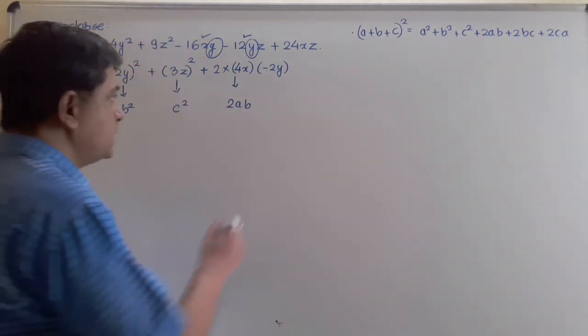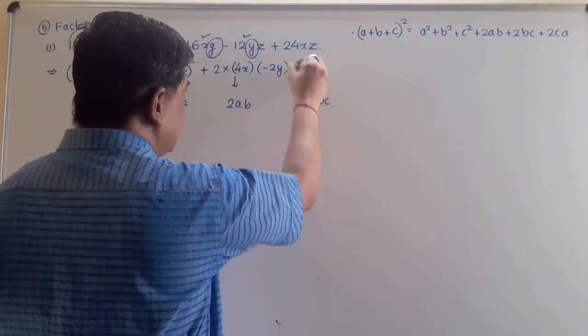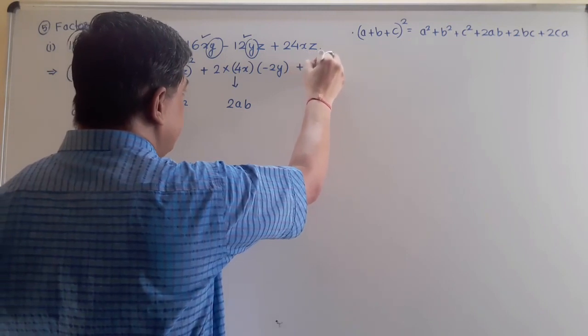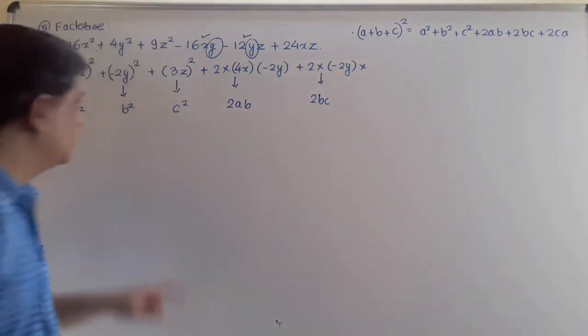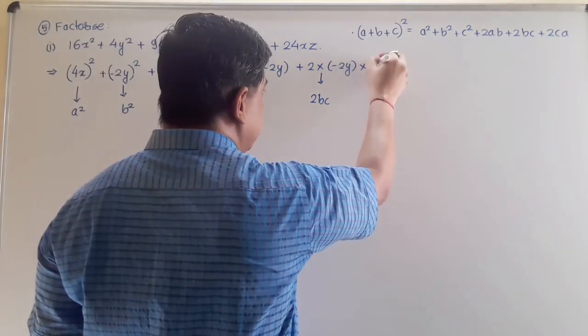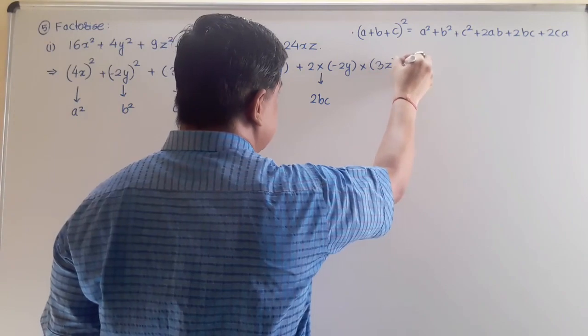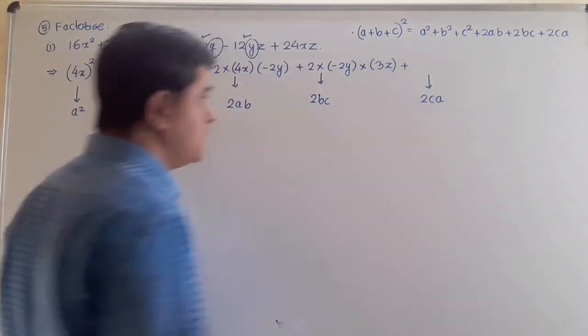Similarly, the next one here is 2bc. So what is the value of b now? B I have is minus 2y, and c will be equal to 3z. So that will be 3z. And finally, we get the last term here, 2ca.